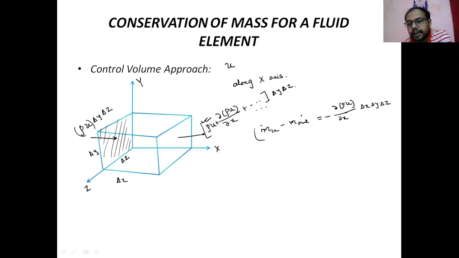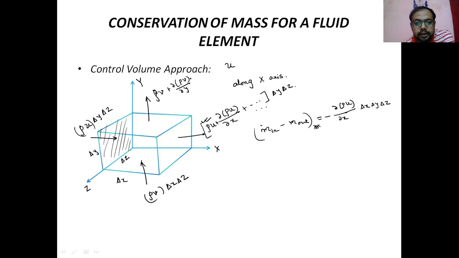Along the y-axis, the same thing will come, the same way. So along the y-axis this side, rho v del x del z. From here it is coming out, so rho v plus d(rho v)/dy del y, into del x del z.